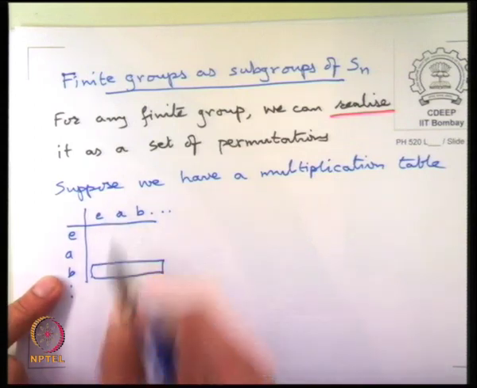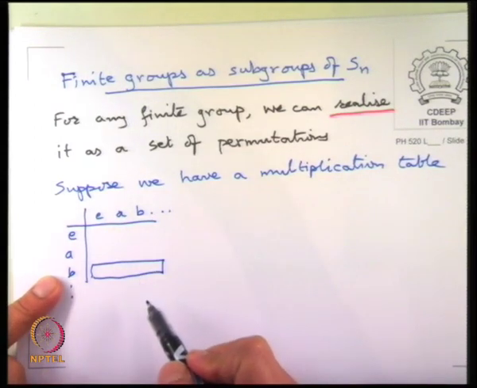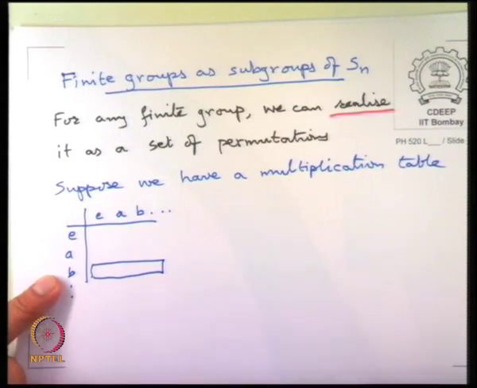That is what this row is producing. So we can write a permutation pi corresponding to B like this.